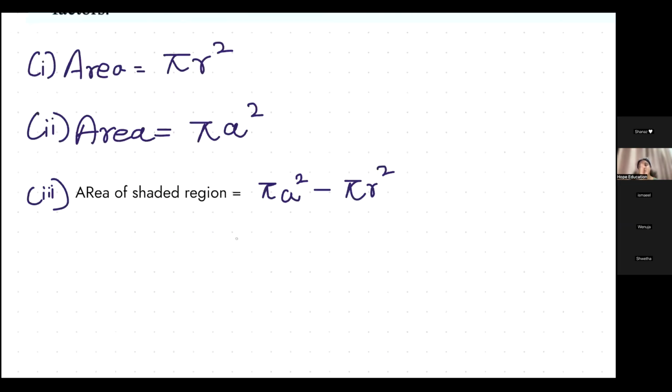Okay, can you see that in both these terms, pi is common? So I take pi out. When I take pi out, I have A squared minus R squared. How do I factorize A squared minus R squared?